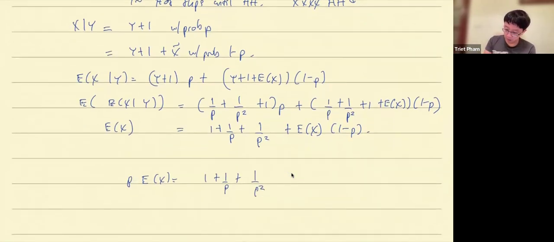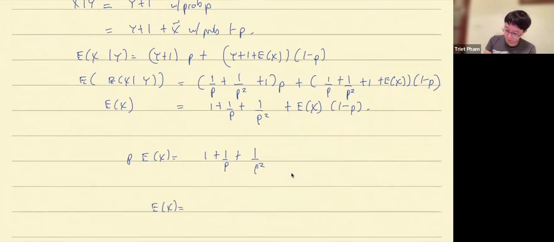Therefore, expectation of X here is 1 over p plus 1 over p squared plus 1 over p cubed. All right, any question?